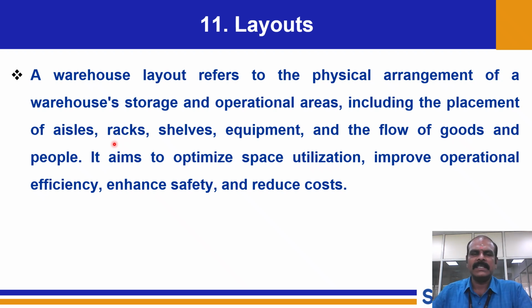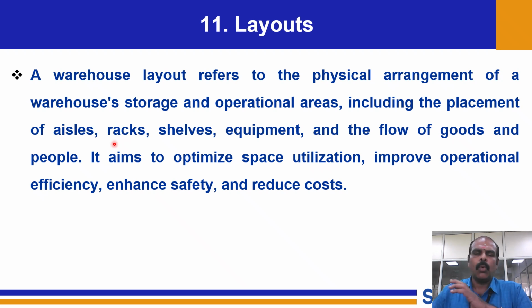We'll discuss in the upcoming slides. Racks: what type of racks we wanted to have, what is the size, what are the dimensions of them, shelves, what sort of equipment we are going to use, what is the flow direction, everything. With all these inputs, the civil engineer will be in a position to go ahead with the construction of the warehouse.